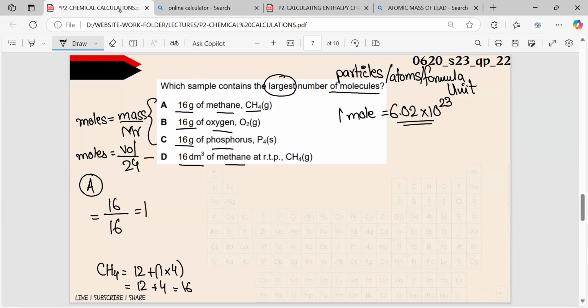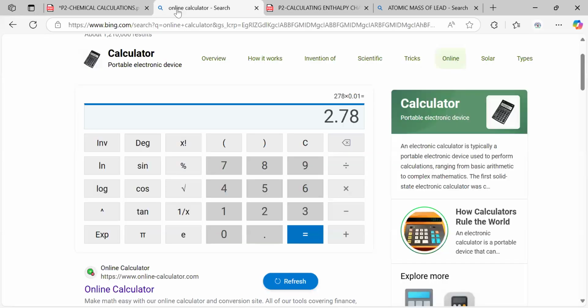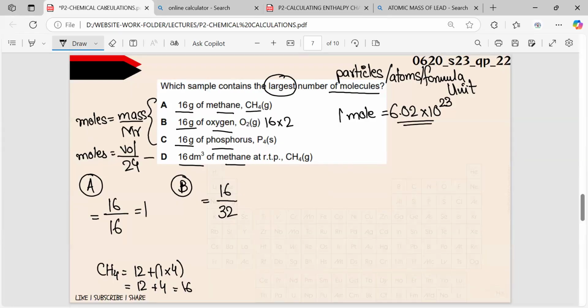So its number of moles is 1. For part B, for oxygen, the mass is 16 and the molar mass of oxygen is 32, 16 into 2. 16 divided by 32, it's 0.5. So its number of moles is 0.5.